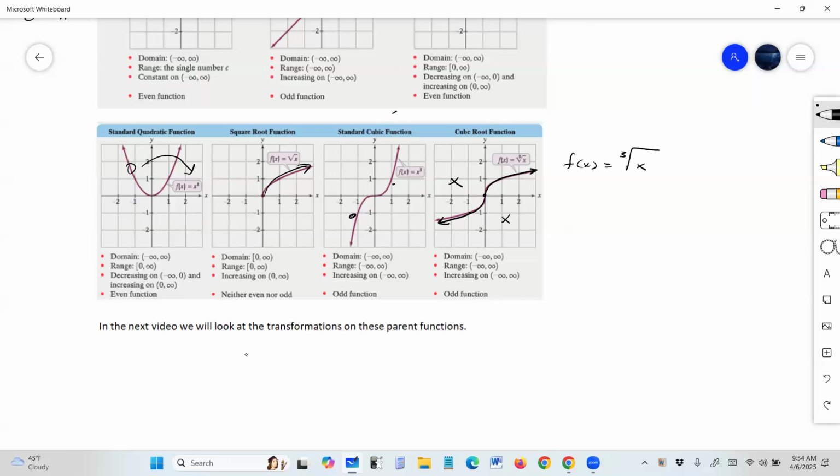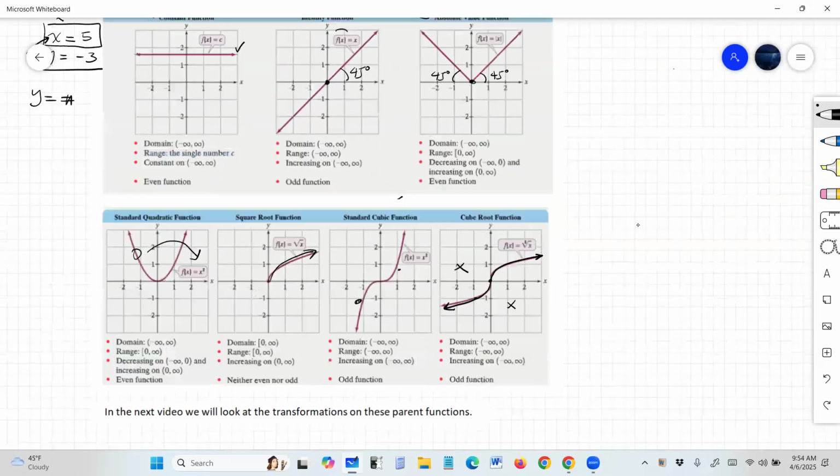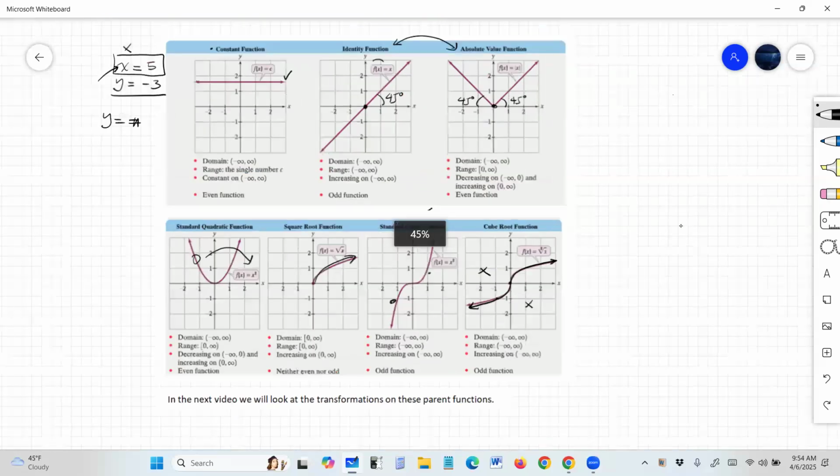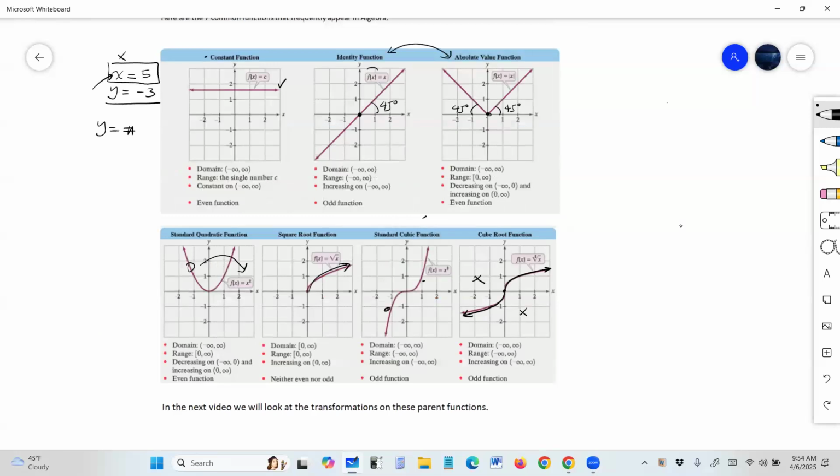So why is this important? Because when we have, I'm going to explain it to you here, but we'll see the transformations in a separate video. So let me just highlight one point before we end the video. We need to know the constant function and the identity function are going to be rarely used on transformations because we normally graph them directly.